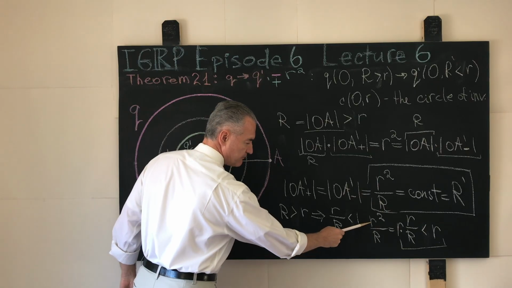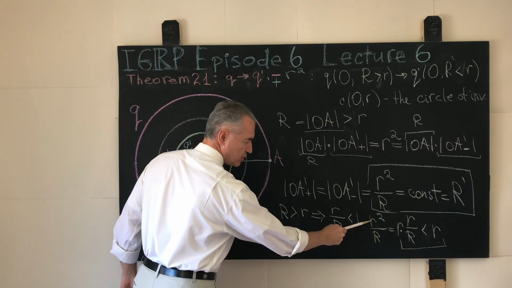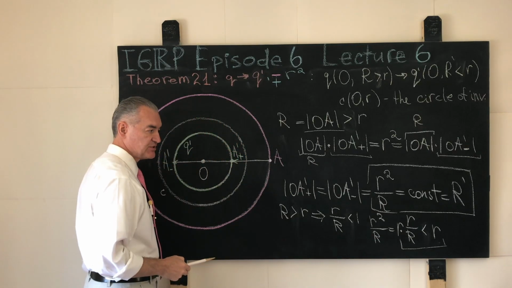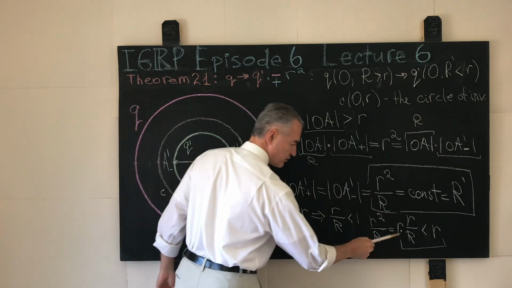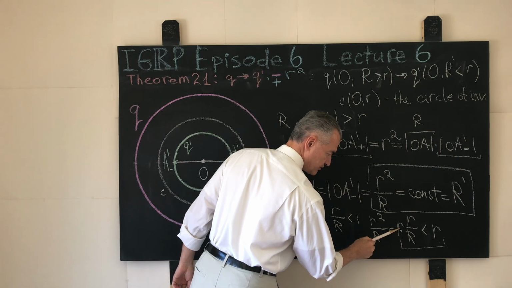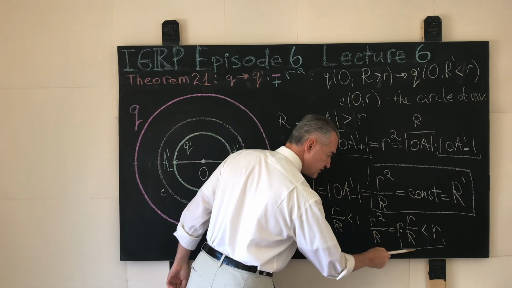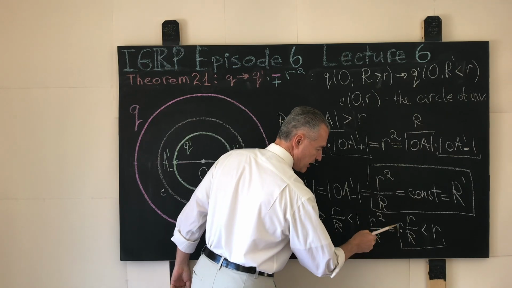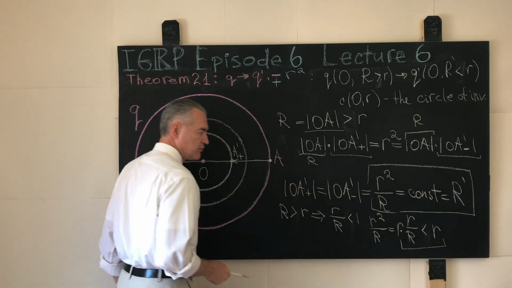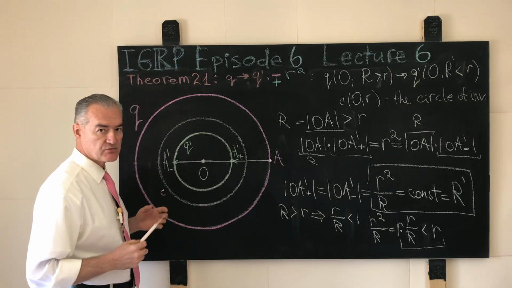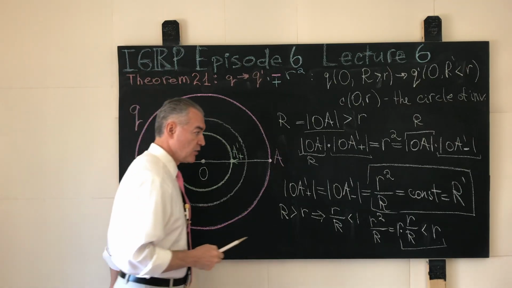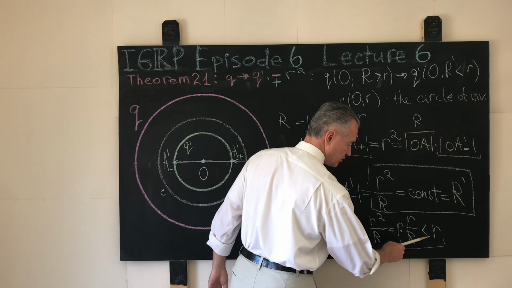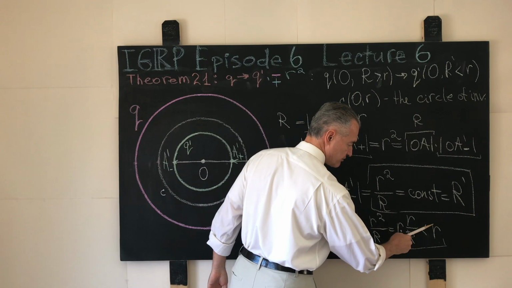And then our ratio, lowercase r squared over uppercase R, can be represented as a product of the length of the radius of inversion, lowercase r, times the ratio, which is itself always less than 1. Hence, a strictly positive real number multiplied by another real number that is less than 1 will make the original number smaller, and that means that this product will be strictly less than the length of the radius of inversion.